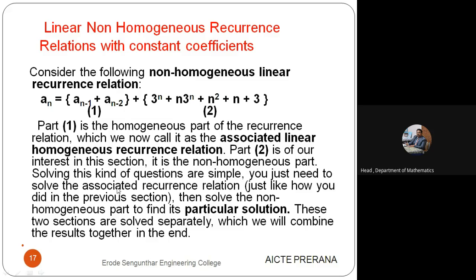You just need to solve the associated recurrence relation, then solve the non-homogeneous part to find its particular solution. Therefore, the solution is a_n = a_n^(h) + a_n^(p), that is the solution of the associated homogeneous recurrence relation plus the particular solution.